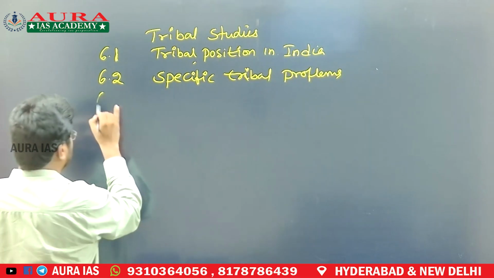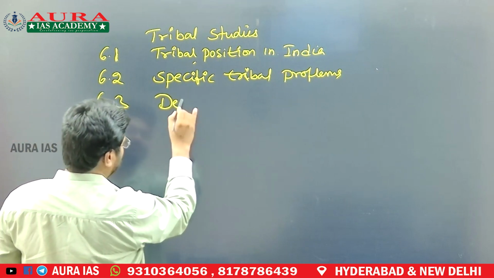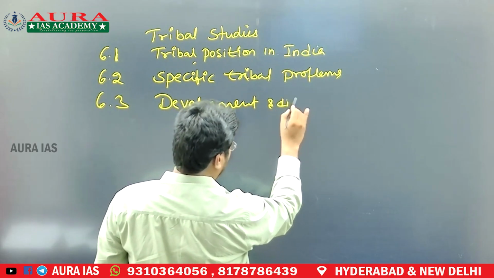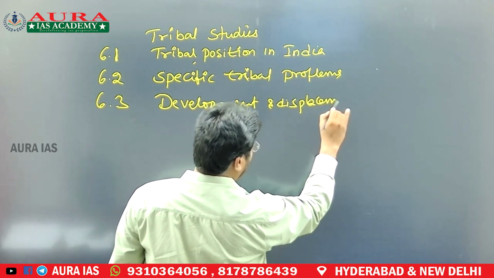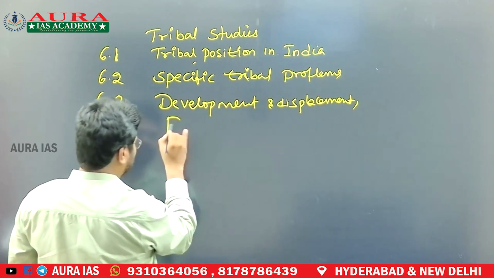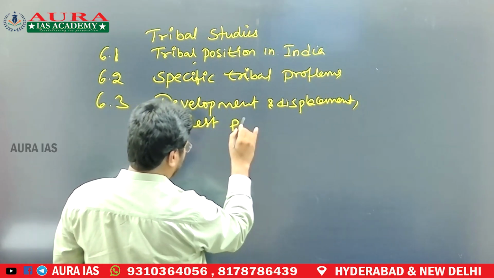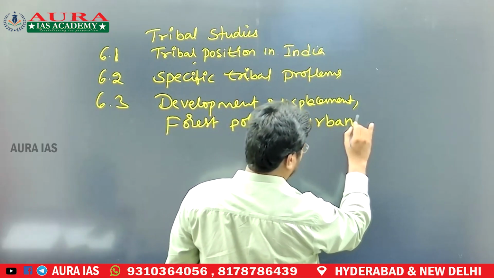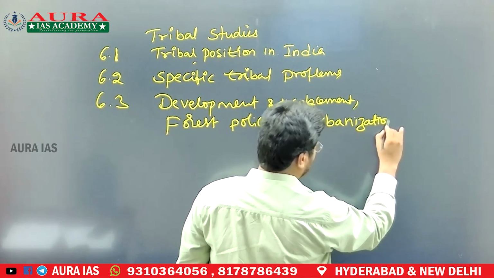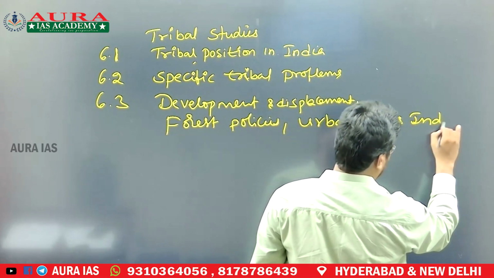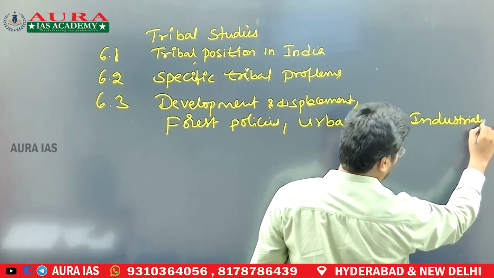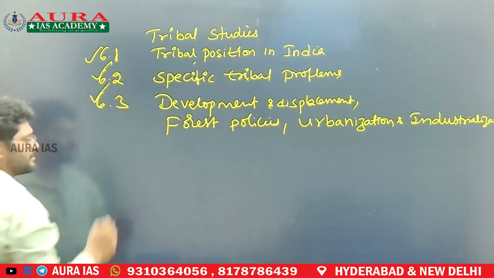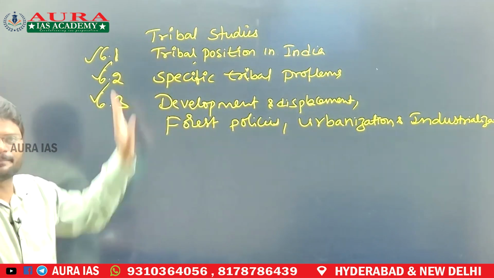And 6.3, development and displacement, forest policies, urbanization and industrialization. So for these 6.1, 6.2, 6.3, you have to read everything. This is priority number 1.